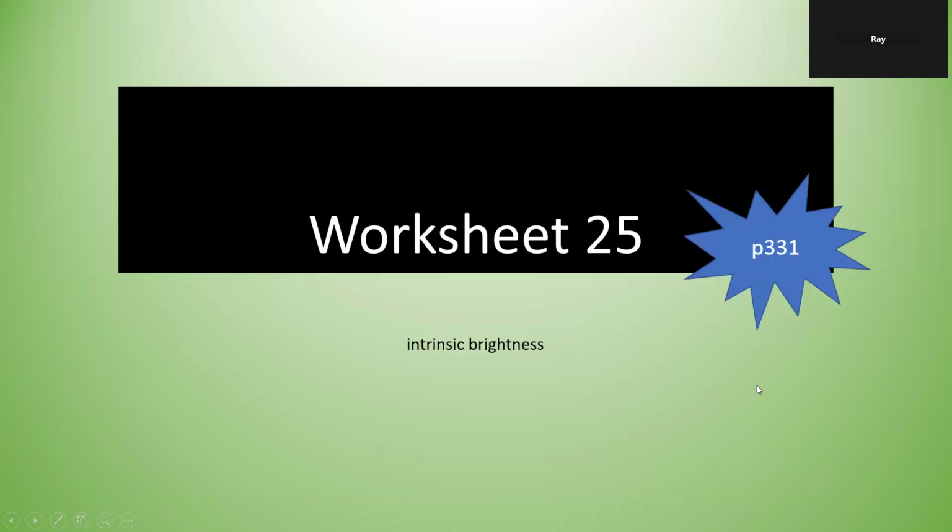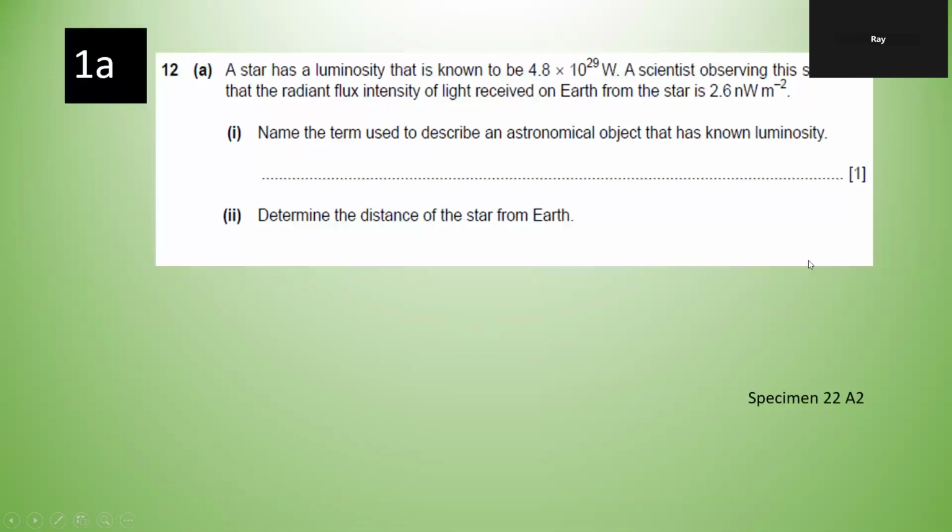Okay, page 331, worksheet 25. Let's try some exam questions. This is specimen 22A2. A star has a luminosity that is known. Luminosity is given. Scientists observe the radiant flux intensity received on Earth from the star.